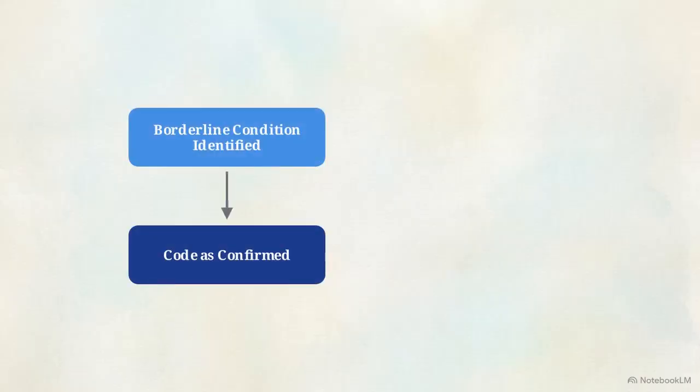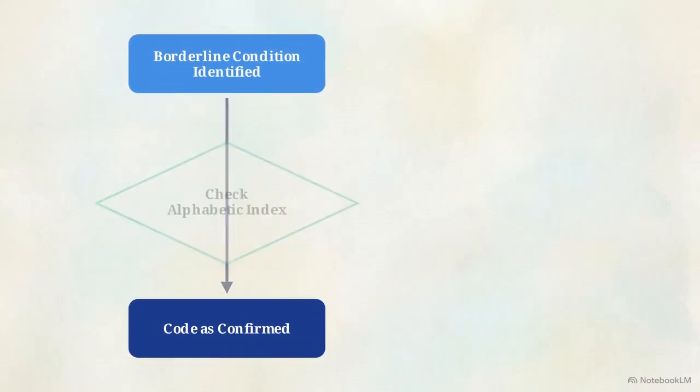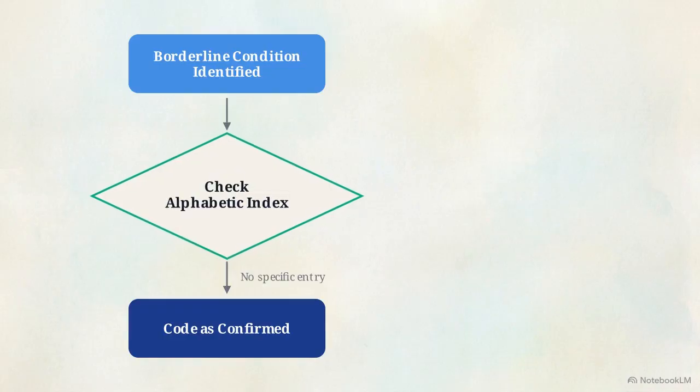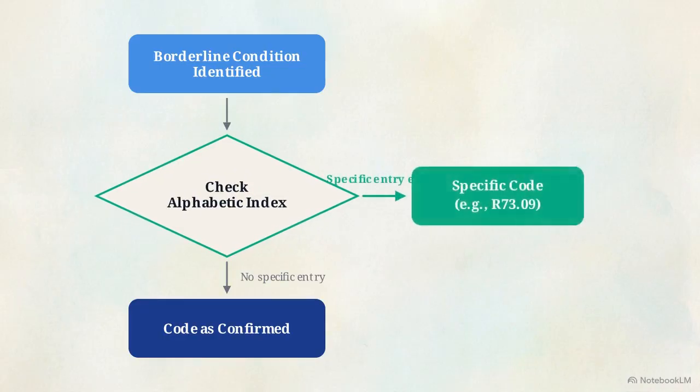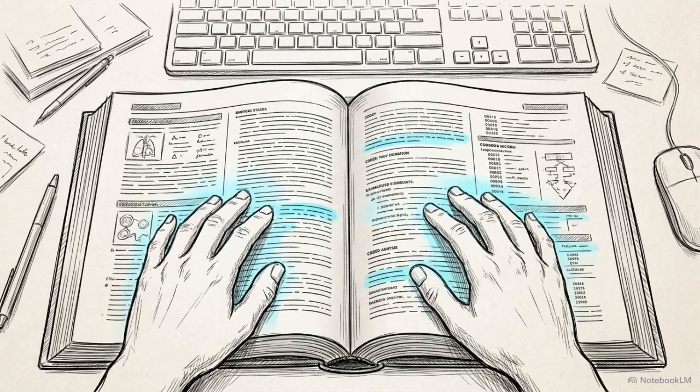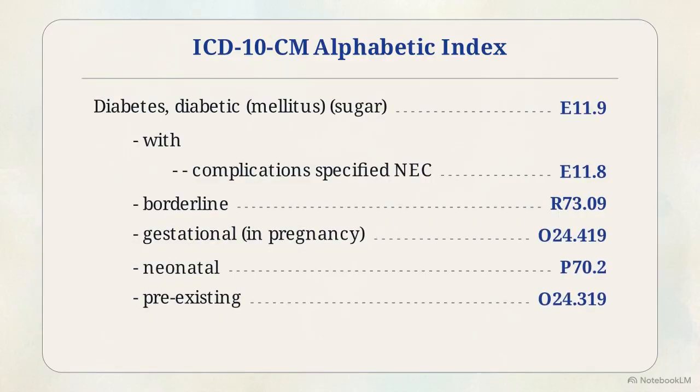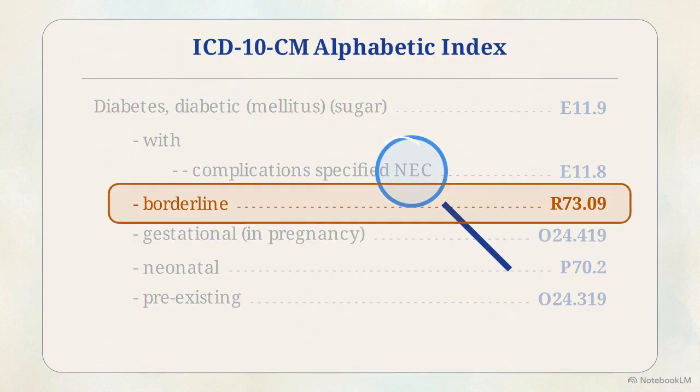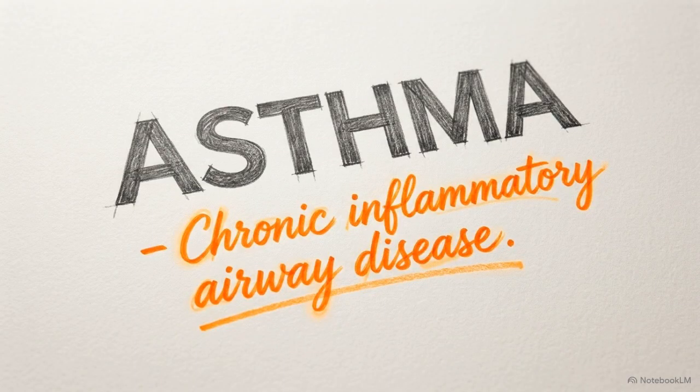We insert a new decision gate directly after identifying the borderline condition. Before finalizing any code, you must check the alphabetic index. The results found in the index legally supersede the default rule. The index tells you exactly how ICD-10-CM classifies that specific condition. You are searching for a distinct, condition-specific borderline subentry nested beneath the main term.